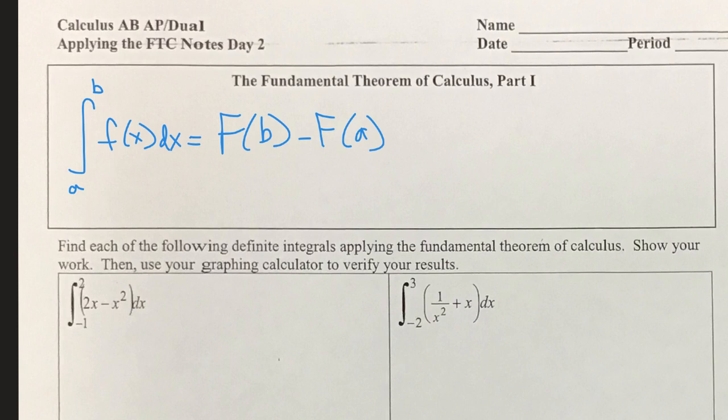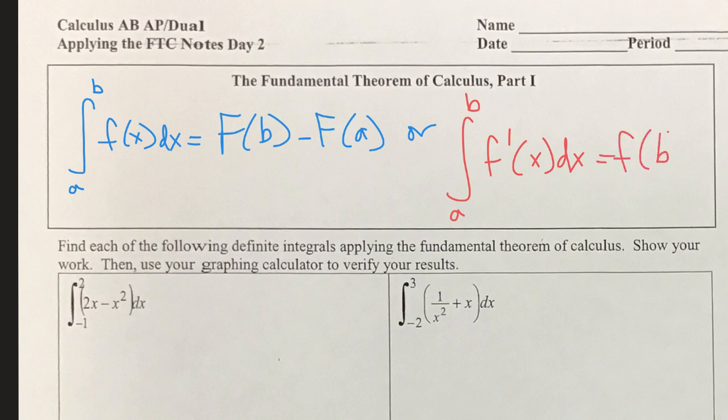This is one way to write it if you know what the function is that we are integrating, and you are finding the antiderivative of. Or we could write it as the integral from a to b of some derivative of a function is the function itself evaluated at the endpoints.